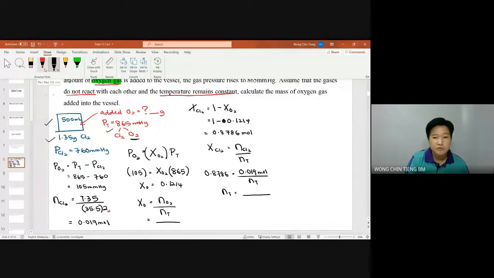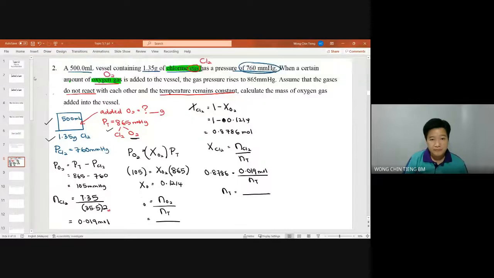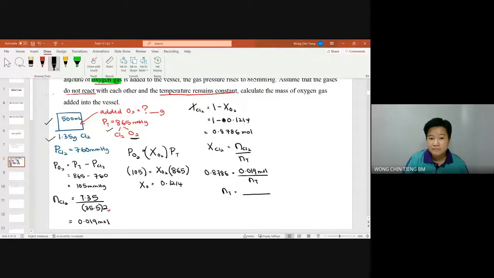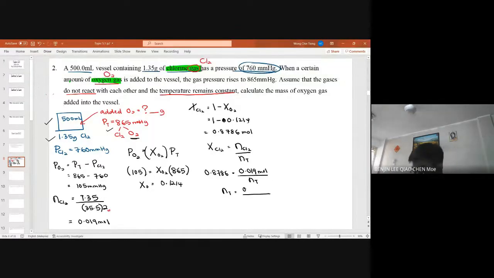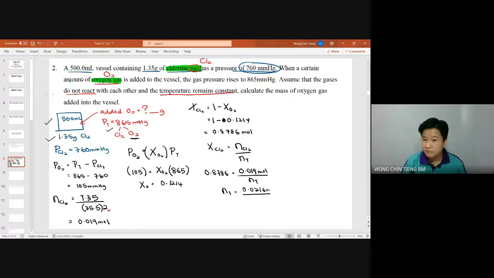Can I have the number of mole total, by the way? Anyone? 0.0216. Okay, setuju? So from there, we can find the number of mole of oxygen gas by using the mole fraction of oxygen gas just now, where you already have both the mole fraction, 0.1214, and then you already have the number of mole total, 0.0216.